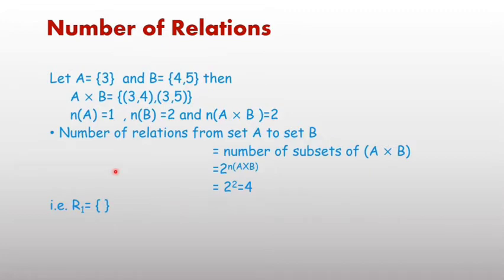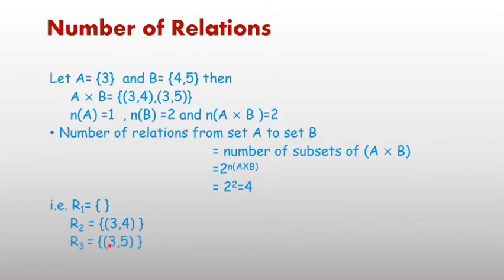And also we can write our relations here. Number of relations is 4. Now easily you can write all 4 relations. All 4 relations means all 4 subsets of A cross B. The smallest subset of any set is the null set. R1 equal to the null set. R2, the set containing one element, means one ordered pair, (3,4).